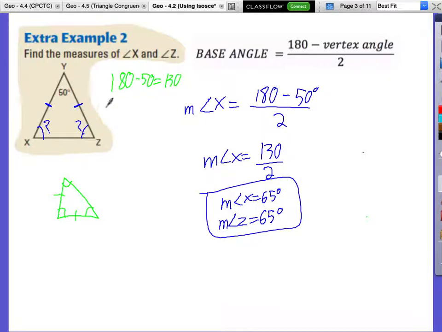And if they're the same, how could we figure out what each of them are? Divide by 2, cut it in half. And so that's how we get this formula. It's really just doing these steps. Take all the angles out to 180, which is where we get the 180. Subtract away this angle, so we find the sum of the other two. Subtract the vertex angle. And then divide by 2 to split it in half. Which is actually just all that we did. Okay? You found that, Kennedy?